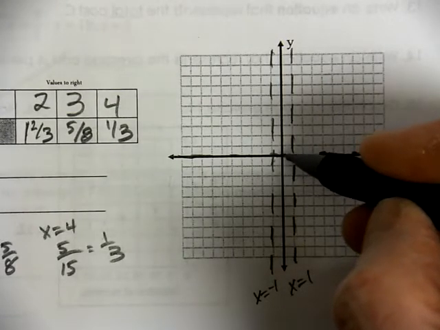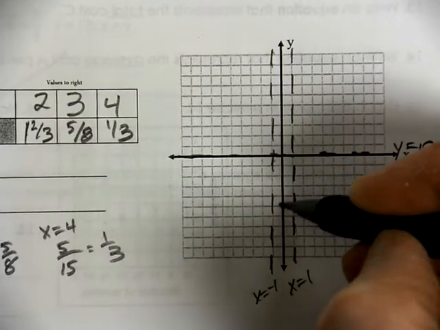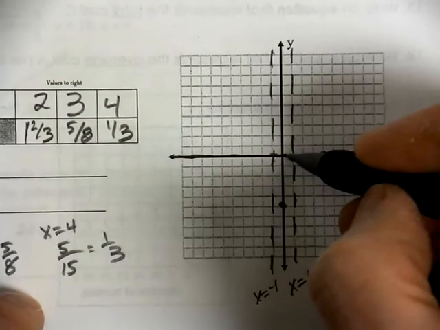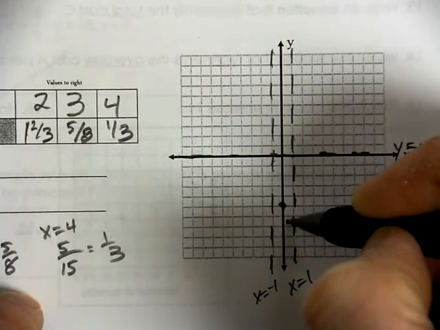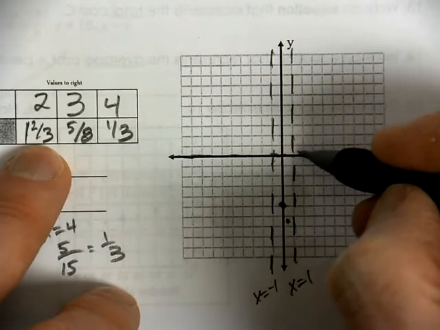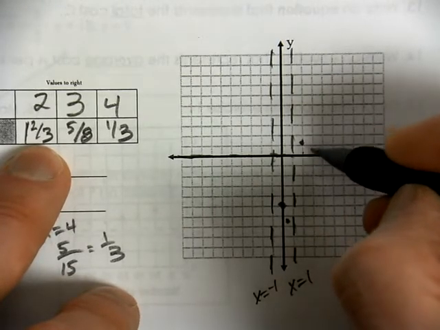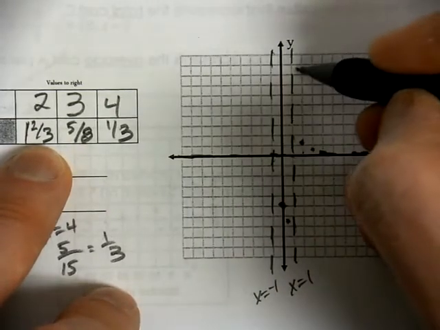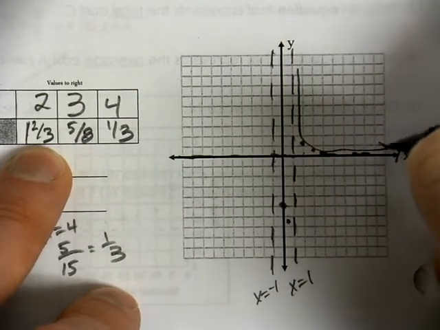At 0, we're down at negative 5. When you're at a half, you're at negative 6 2/3. When you're at 2, you're at 1 2/3, 5/8, 1/3. So this side is approaching the asymptote here.